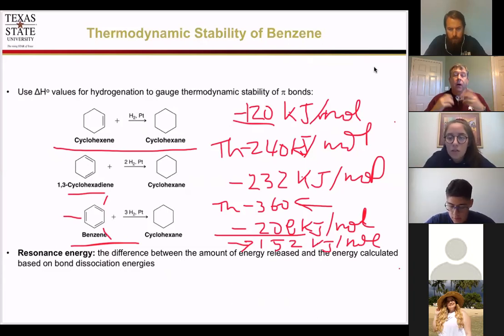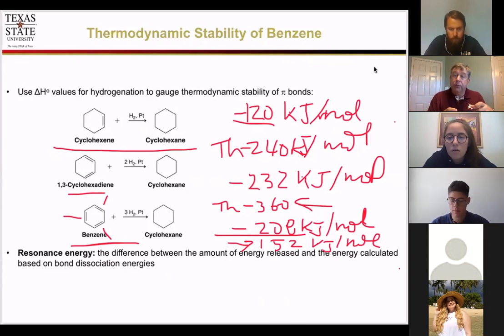It will give off less. It's more stable, so when you break it apart, it actually gives off less energy than if you had them isolated. So having those 3 in conjugation, alternating back and forth.